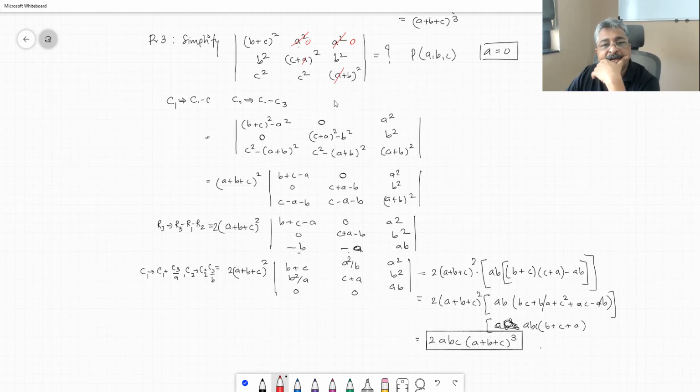So it is much easier to handle. The moment you take out c square and b square common, you will realize that two columns are the same, and therefore p of a is equal to 0. Therefore this determinant has a as a factor. If a is a factor and it is a symmetric determinant, then b is also a factor and c is also a factor.